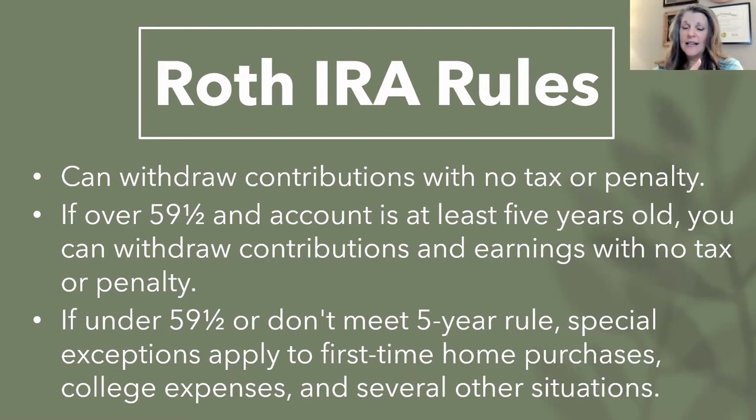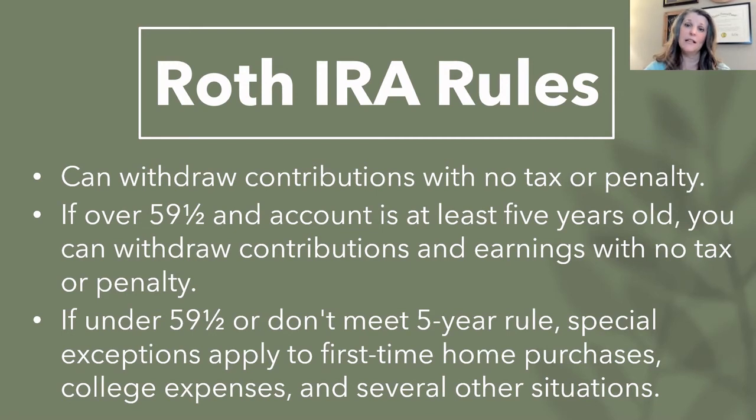However, if that $6,000, because it's been invested, has grown from $6,000 to $7,000, you can't touch that $1,000 of growth without it being taxed and penalized. So it's very important to keep good records about what your contributions have been versus your earnings and growth, so that you can justify to the IRS if you ever do need to pull those contributions out.